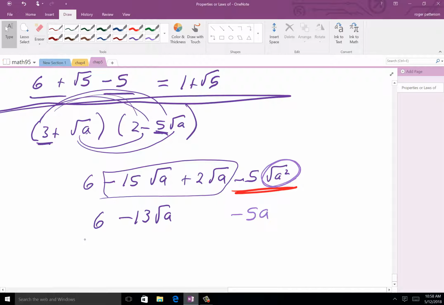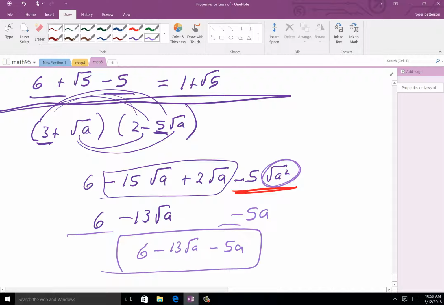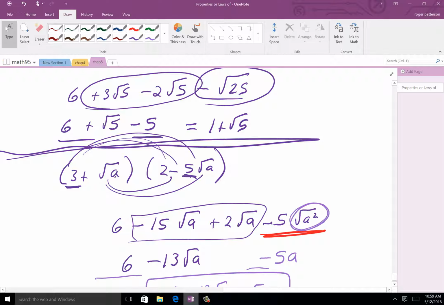All right? So look, now I can't do anything, so this is done. So I have 6 minus 13 square roots of a minus 5a. I can't do anything with that. Nothing else combines. Right. So we can't do anything with it. All right. Done. But the main idea is FOILing.